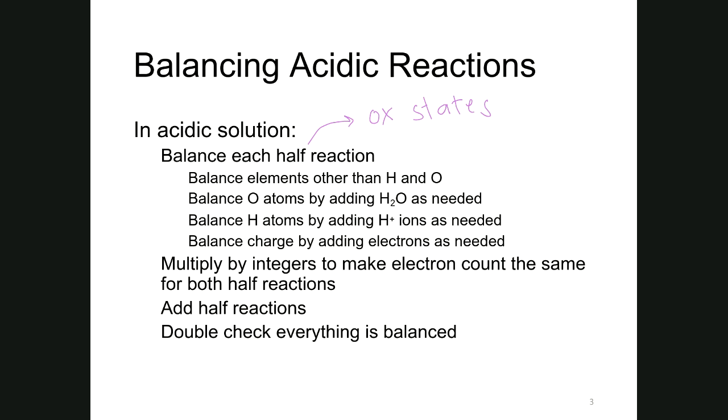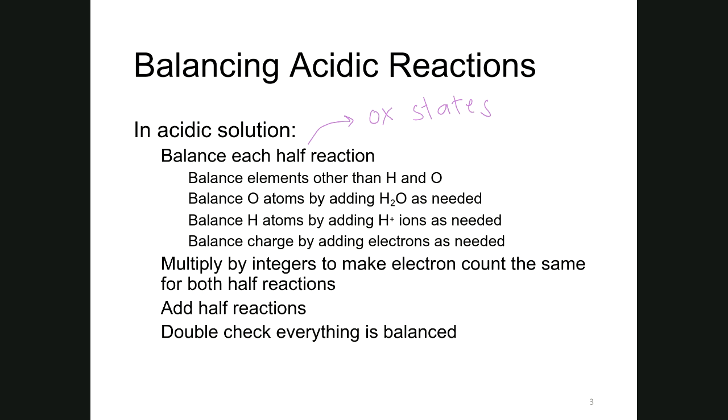Once we have that information, we can write the half reactions. So your first rule of thumb should always be find the oxidation states of every element in your equation. Then we can write the half reactions and balance them according to these steps.